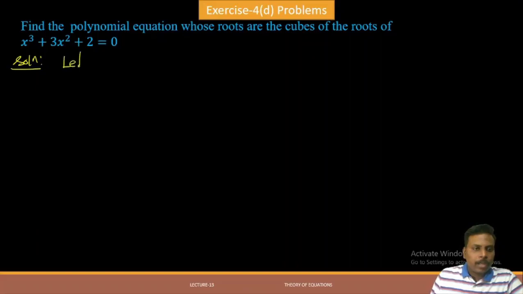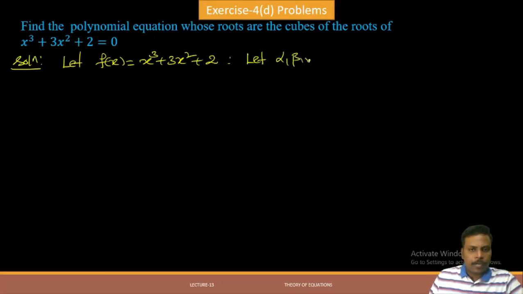Let f of x is equal to x cube plus 3x square plus 2. Okay, let alpha, beta, gamma be the roots of f of x is equal to 0.